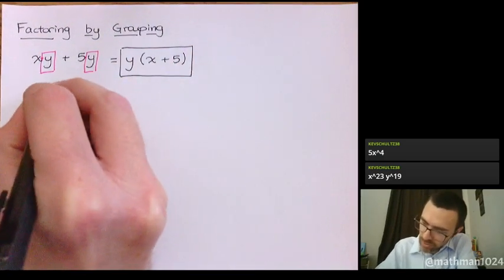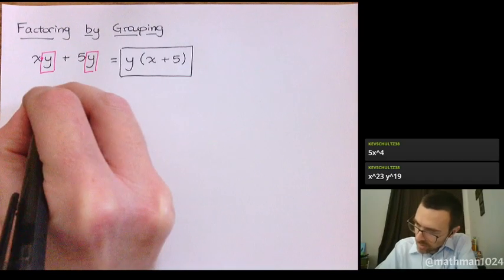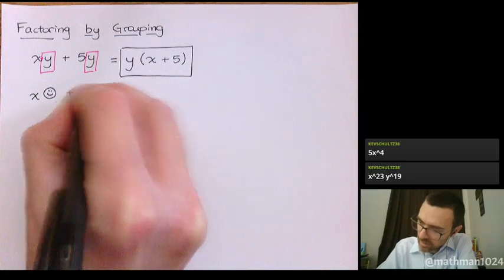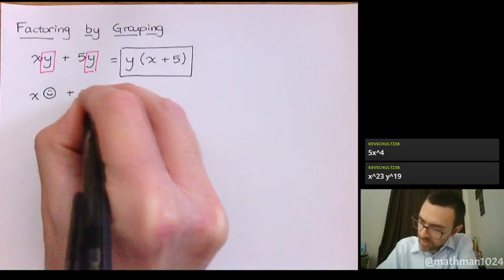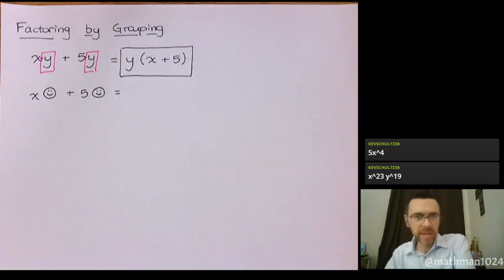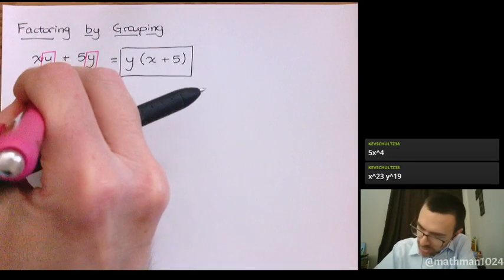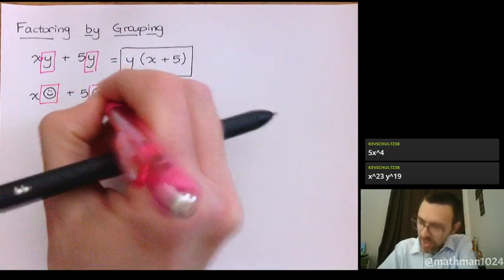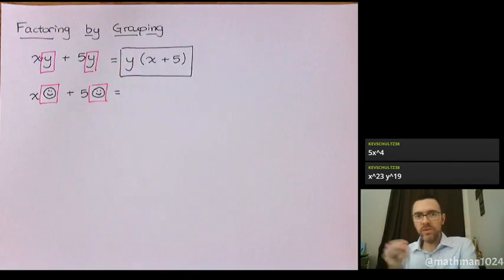If I do x times smiley face plus 5 times smiley face, that's just like the last problem that we did. I know it looks kind of weird, but there is a point to this. These guys both have in common, as part of their individual terms, smiley face.